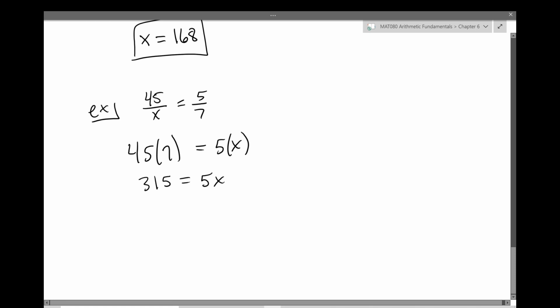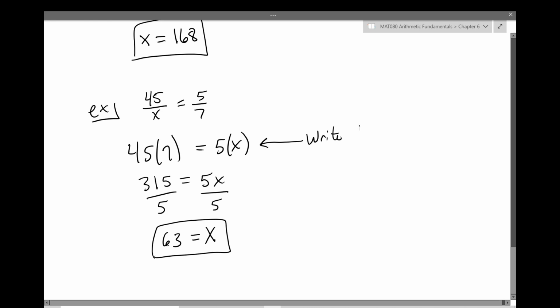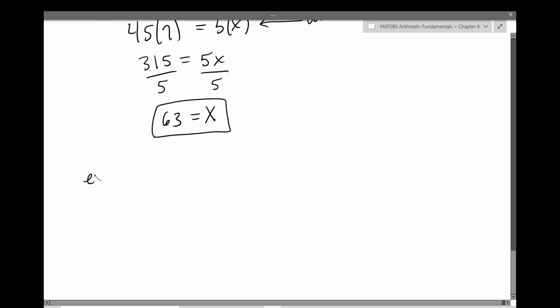Now I divide both sides by 5. 315 divided by 5 is 63. Remember, the key, I think, is to write this step first. It doesn't take long to write it. It just helps. And you could see where it's really going to be beneficial is this example right here.